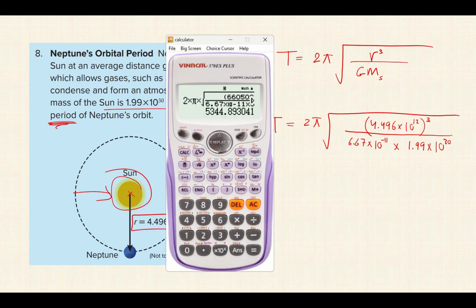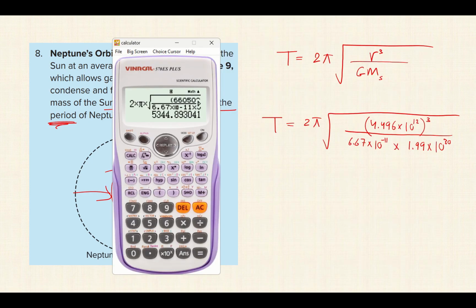Use a calculator. Now be careful with the calculator. See, anyone makes a mistake. 2 pi times the square root of the fraction: 4.496 times 10 to the power of 12, and then close bracket, cubed over 6.67 times 10 to the power of negative 11 times 1.99 times 10 to the power of 30, then equal.